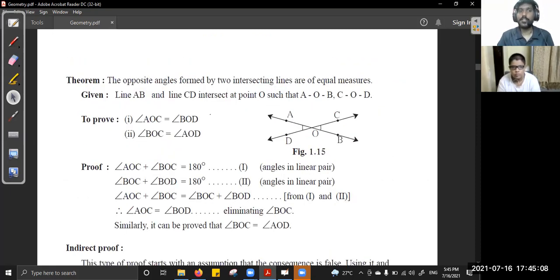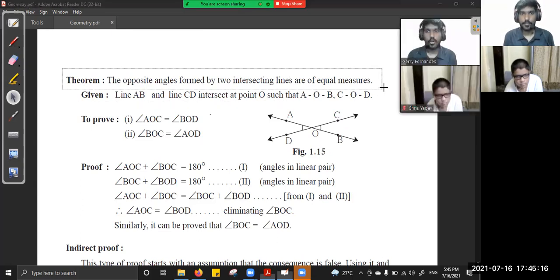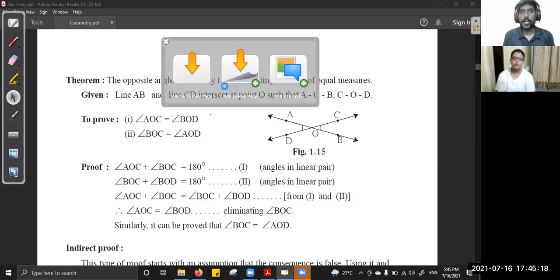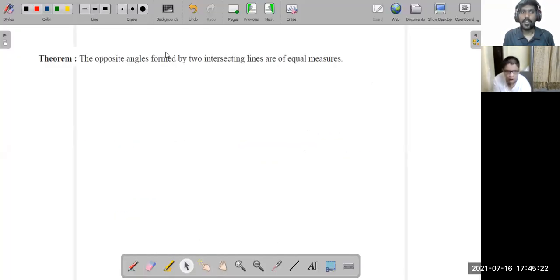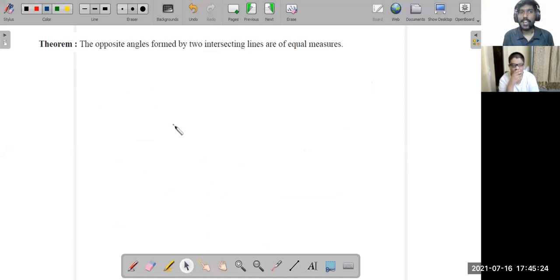So let's understand this theorem step by step, starting from the statement of the theorem. The statement is: the opposite angles formed by two intersecting lines are of equal measure.